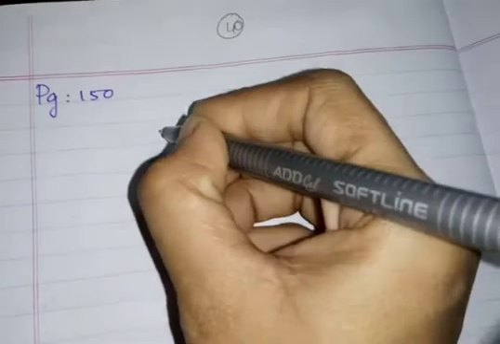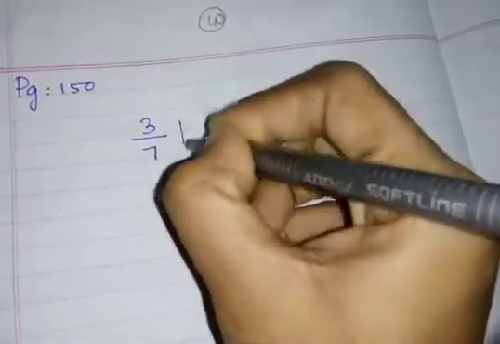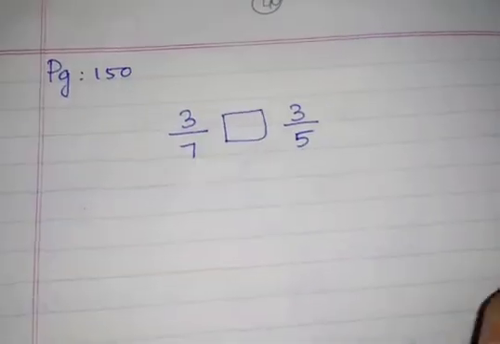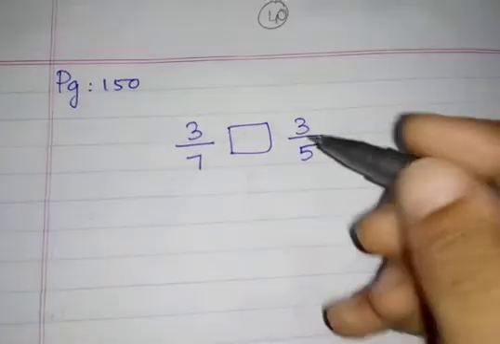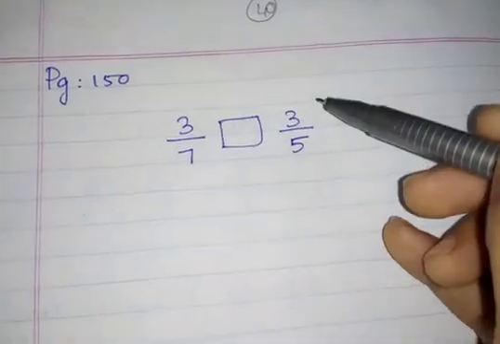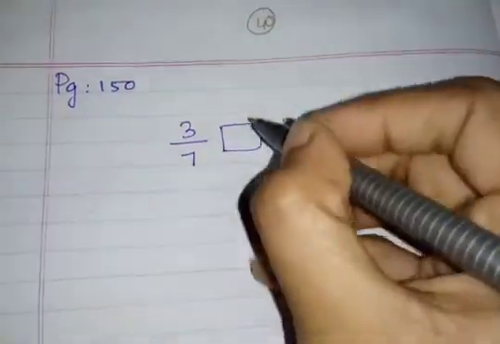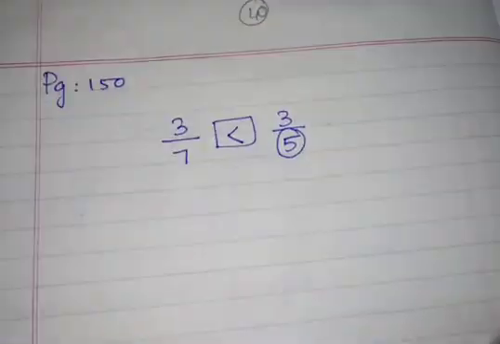So till now what I told you is, when the denominators are the same, which means both are like fractions, you can compare the numerators and say which is greater. But here they are saying, when the numerators are the same, the fraction with the smaller denominator is greater than the other.